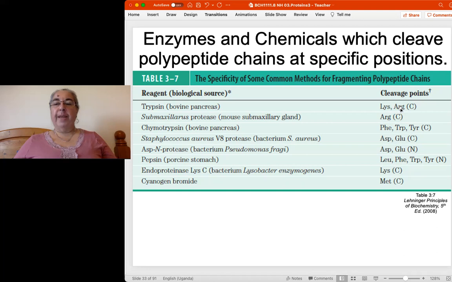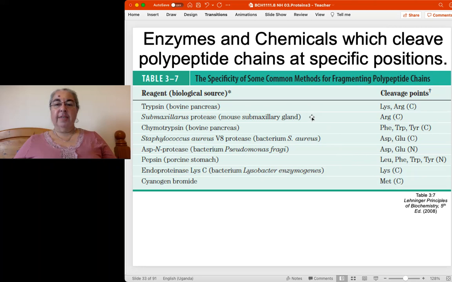They are both basic amino acids. So the enzyme trypsin, it's a digestive enzyme, can recognize those 2 amino acids and cut at the C-terminal side of each of them. Cyanogen bromide carries out a chemical reaction which breaks the polypeptide bond on the C-terminal side of methionine residues.